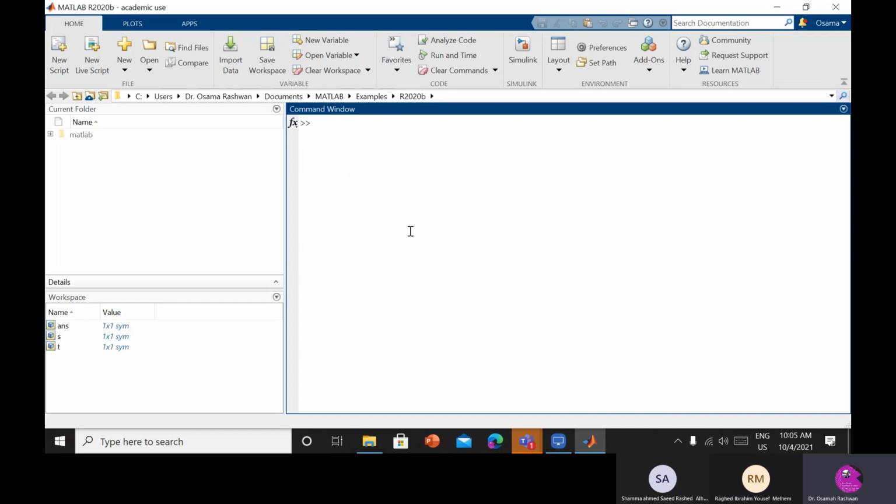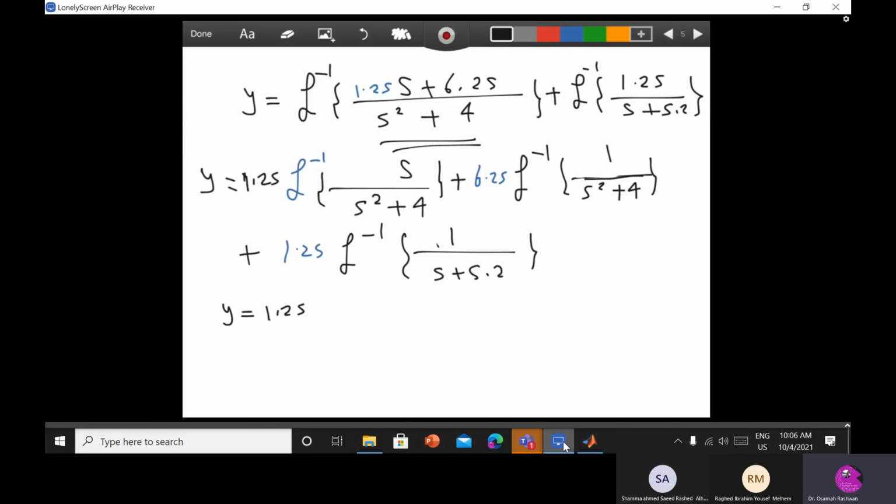How to write the Laplace inverse? Just syms s; ilaplace(s/(s^2+4)); I input s and I'm looking for the function of t. Now get this one. Yes, it is cosine 2t. That's fine. If I don't have the table, I can manage.